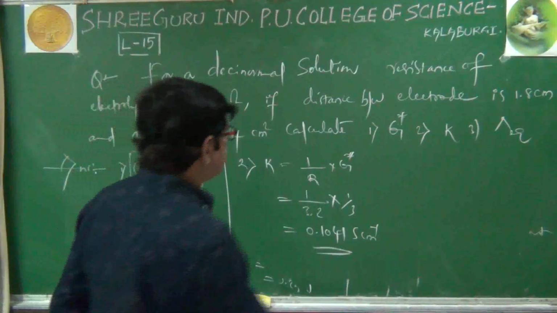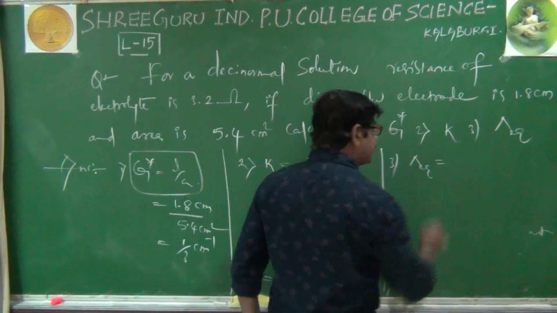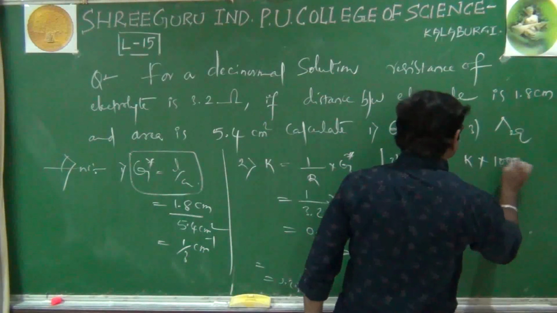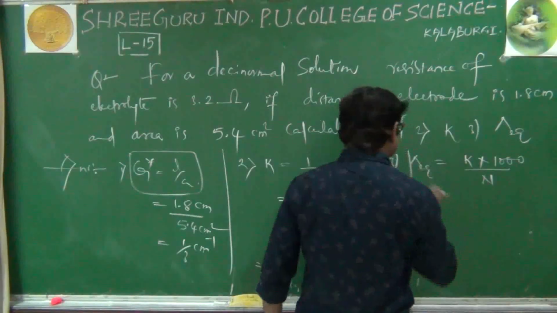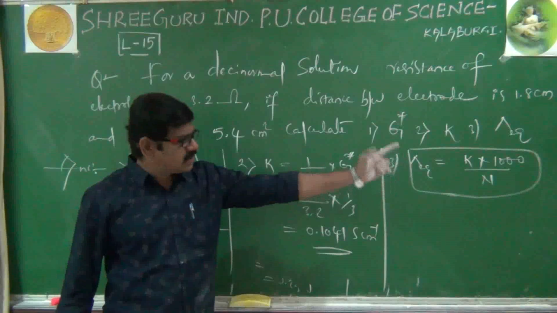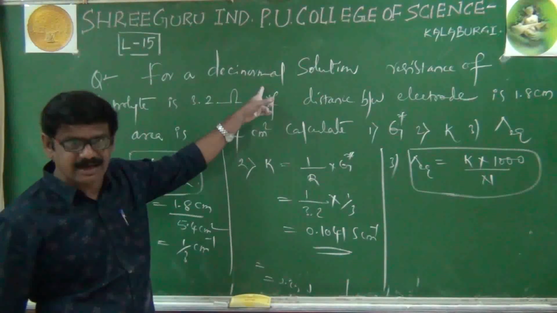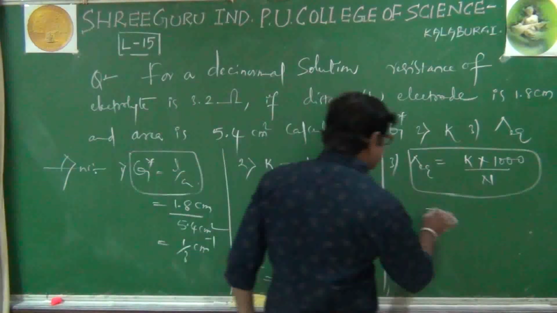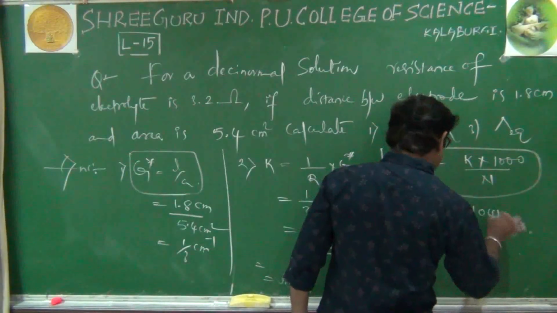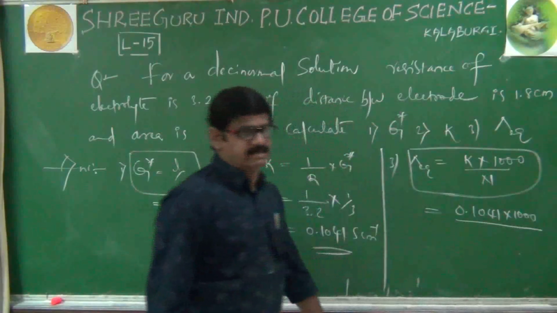This is the K value, 0.1041. Now finally we go to the third question, equivalent conductivity. That is K into 1000 divided by N. This is our formula. In the formula, K is available and 1000 is a constant, but the normality is given as decinormal, which is 1 by 10, that is 0.1.